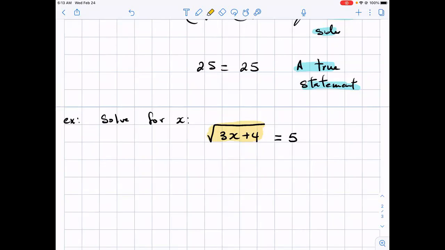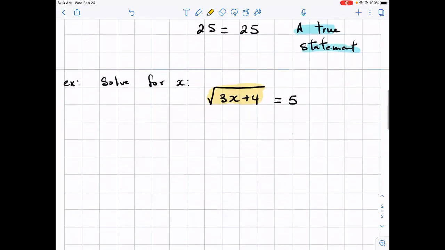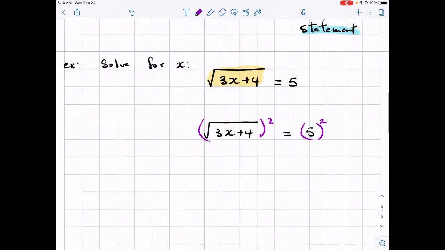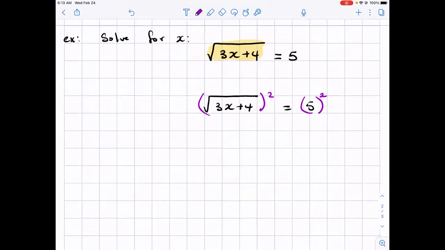And when this is the case, once you have isolated that radical, what we do next is we square both sides. So once the root is by itself, square both sides.